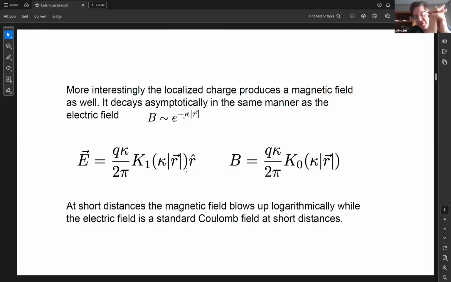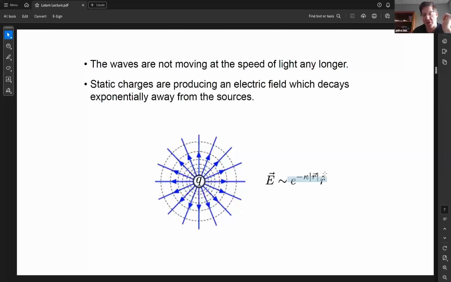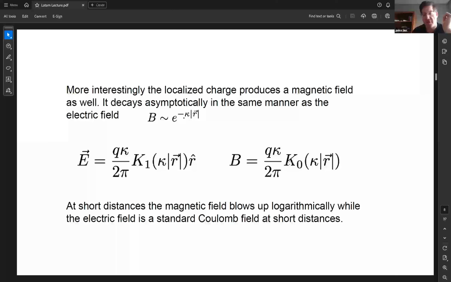But when you go to very long distances, it decays exponentially. The magnetic field diverges logarithmically at short distances, while the electric field diverges linearly at short distances. But both of them decay exponentially at long distances.